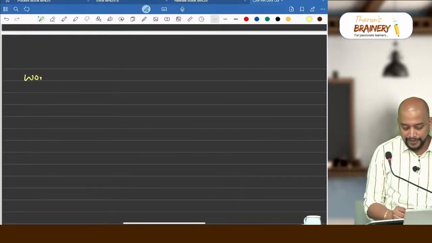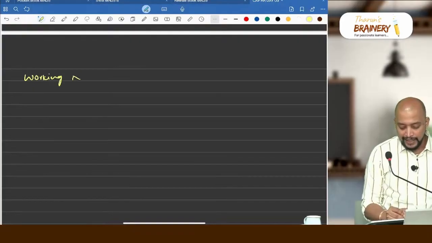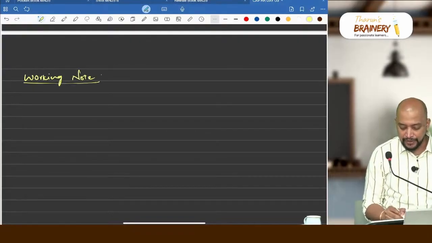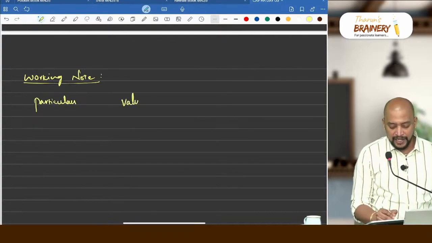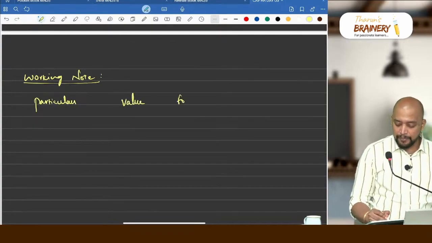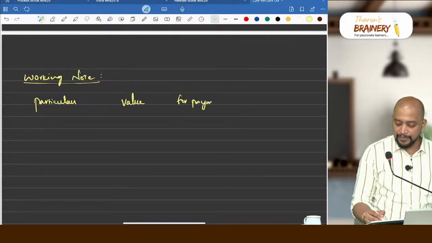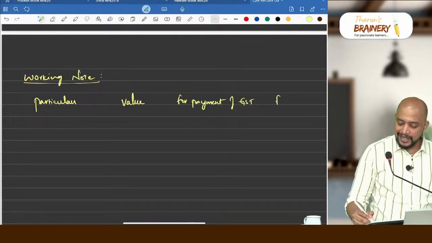So we are preparing a working note. In this working note we will see particulars, that is what the transaction is about, and then we will take the value, and then for payment of GST, that is a little bigger column because we need to compute the GST liability, and thereafter one last column for availment of ITC.